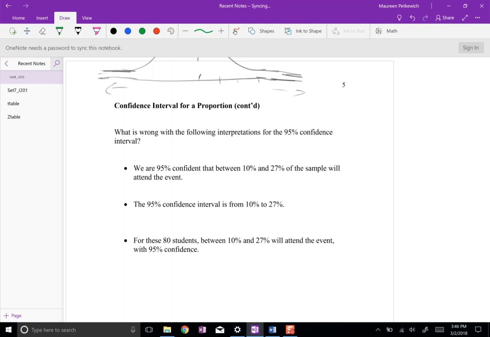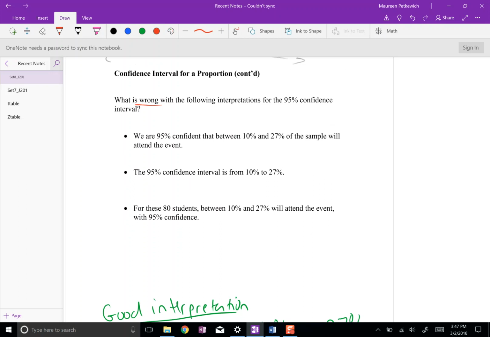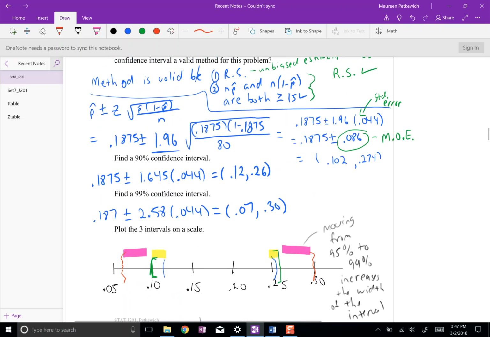Now let's take a look at some bad examples, and just note that these are all bad interpretations. In this first bullet, it says we are 95% confident that between 10% and 27% of the sample will attend the event. Why is that not a good interpretation? The statement should be about the population, not the sample. I don't need an interval for the sample. I know the percent of the sample that's going to attend. We found that up here at the top.